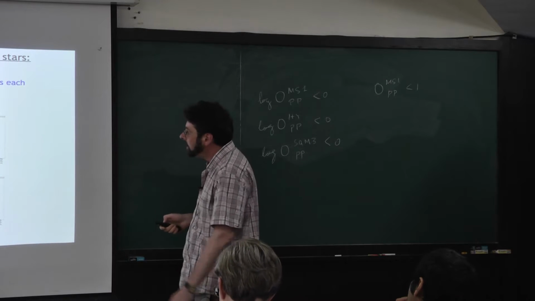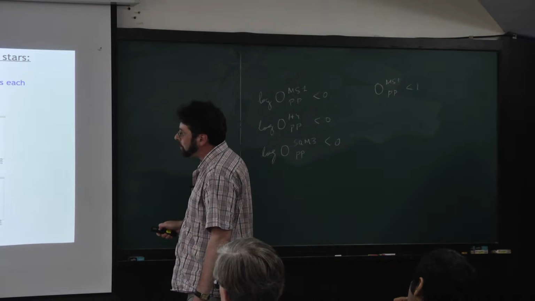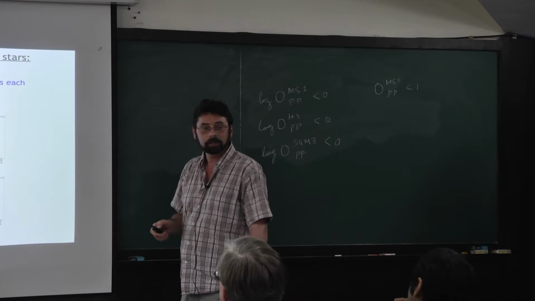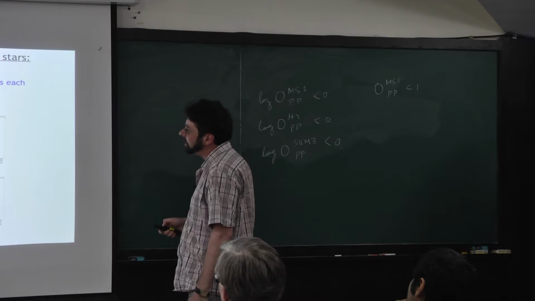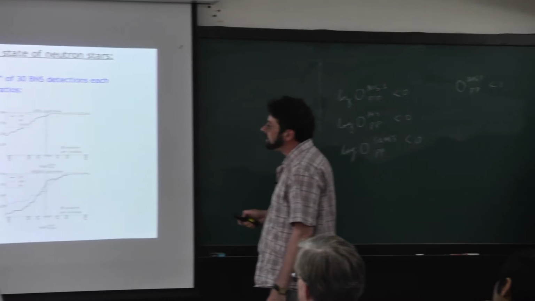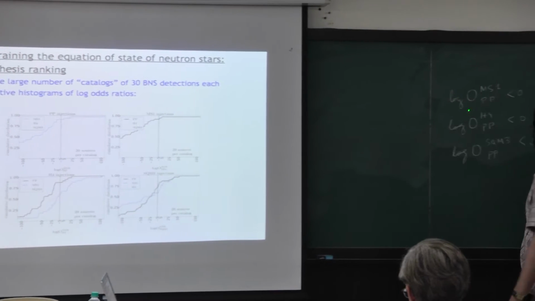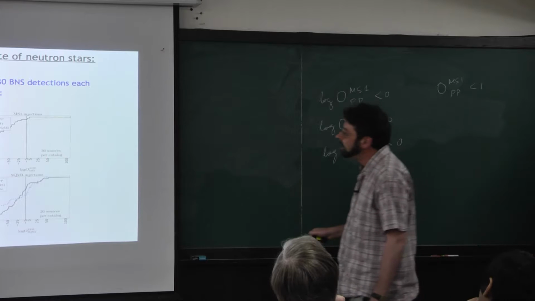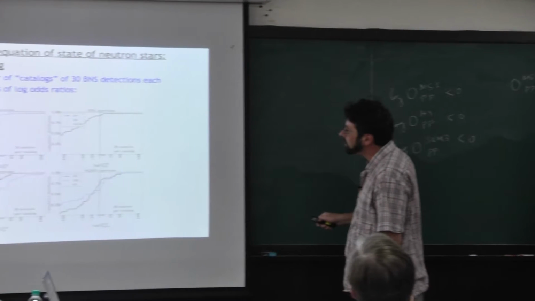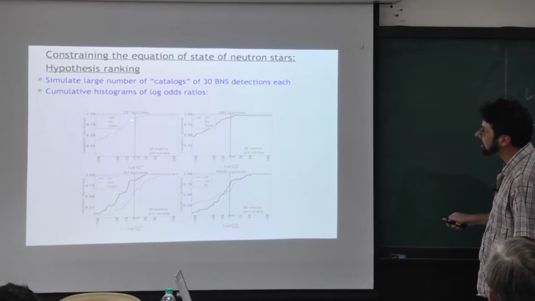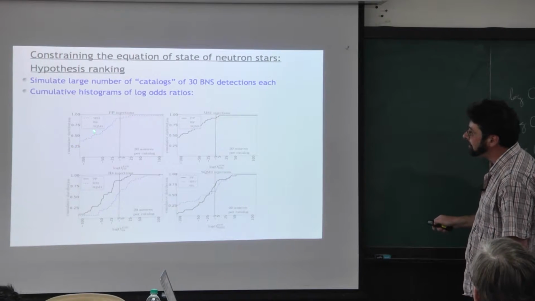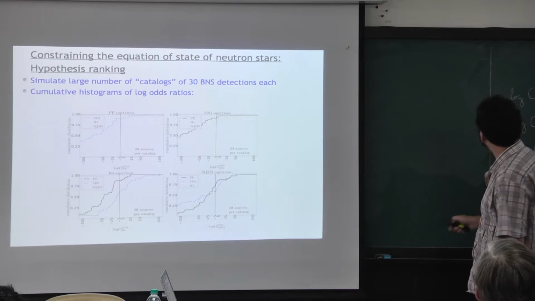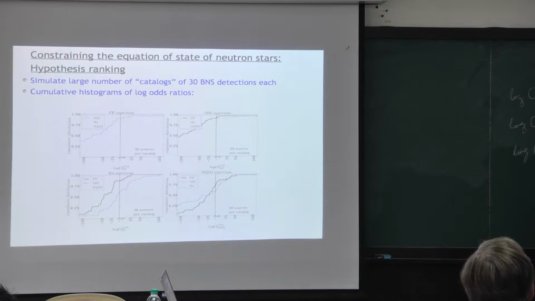Again, what I'm plotting is cumulative distributions for these three odds ratios. And what do we see? Well, let's focus first on the log odds ratio for MS1 versus PP. You see that in almost all of the catalogs, indeed, MS1 is disfavored because the log odds ratio for MS1 versus PP is negative, correctly so.